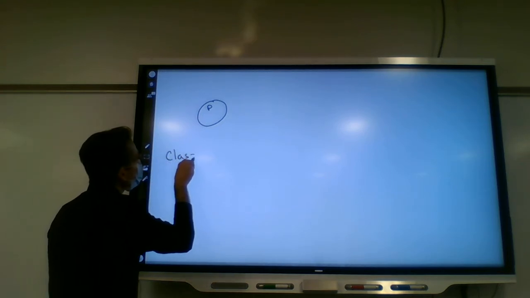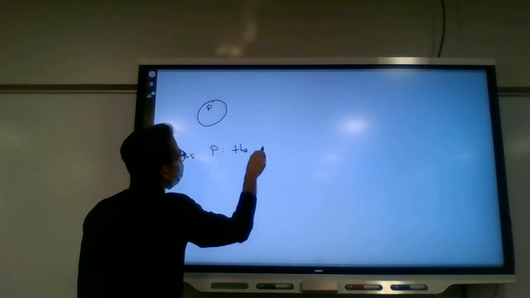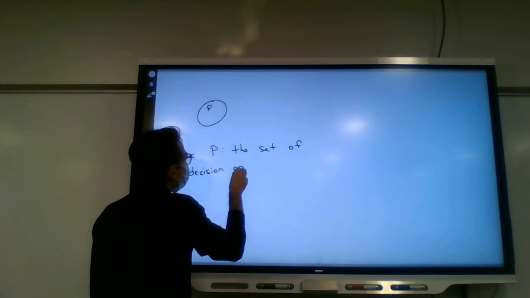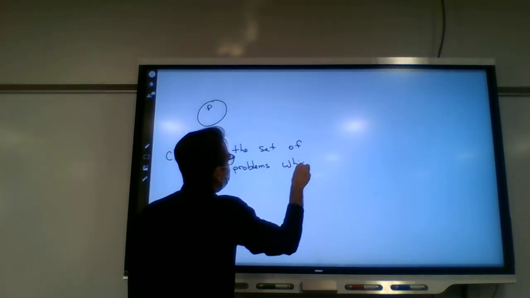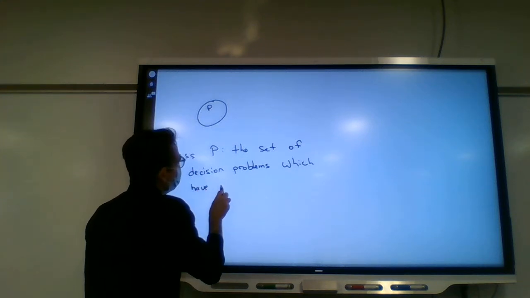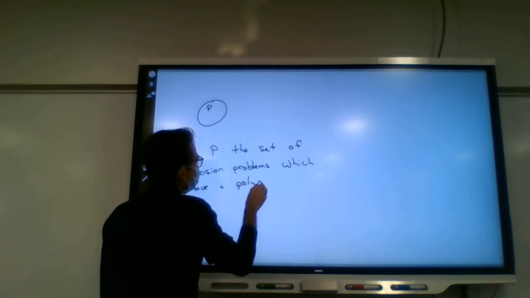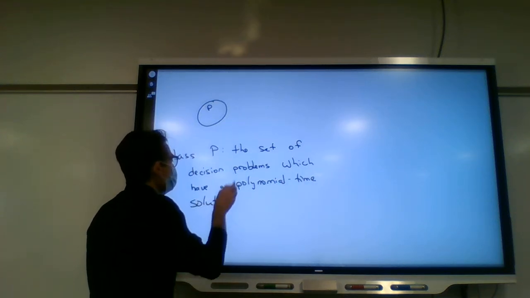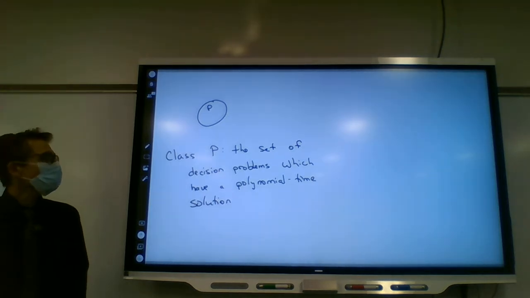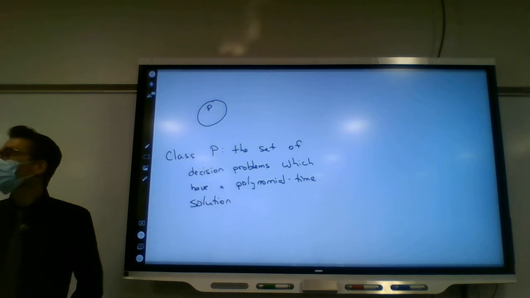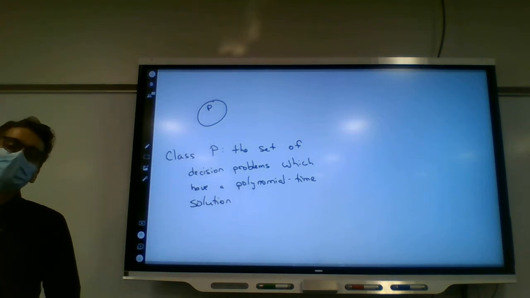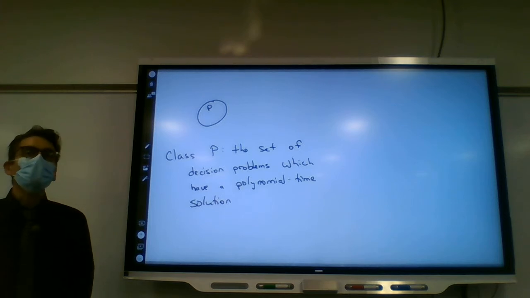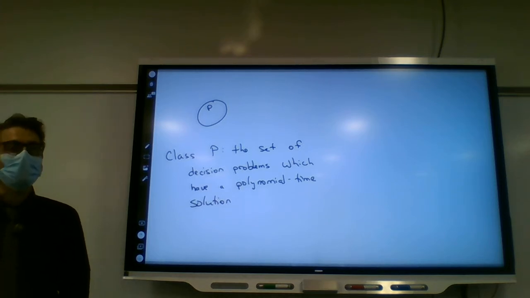All right, so class P. Class P is the set of all decision problems, like the ones that have yes or no answers, which have a polynomial time solution, so that we can answer the question guaranteed in polynomial time, even if the exponent is a big exponent, or even if the hidden away coefficients happen to be big numbers. All of that. That's not relevant in this context.